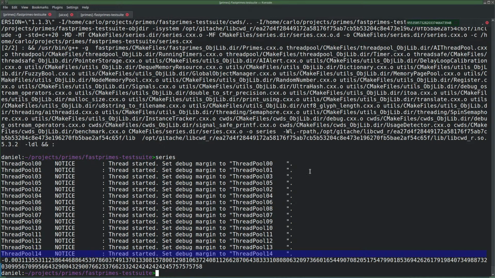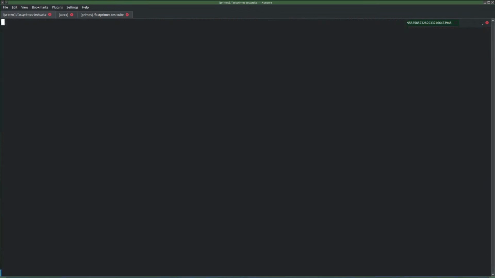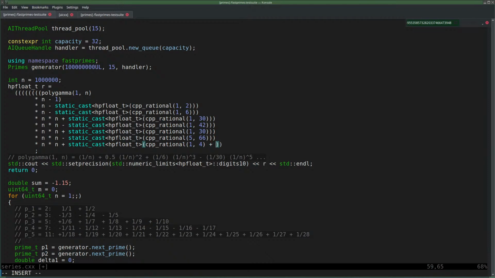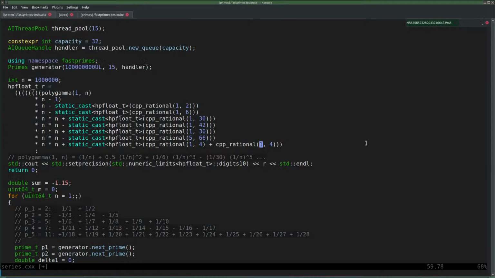I'm done eating, I guess. And the question is, what is this? That's negative. So add 460.